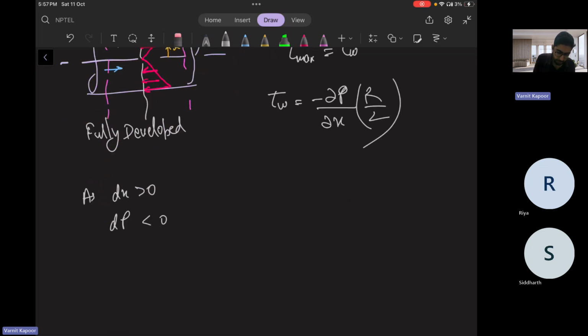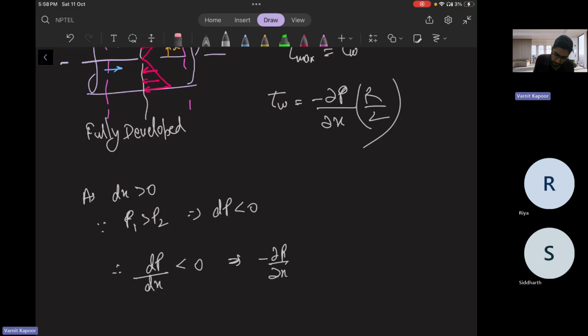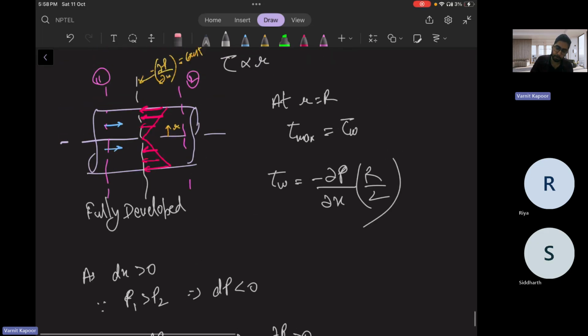Since P1 is greater than P2, this implies my dP is less than 0. Therefore dP by dx is less than 0. So this implies minus dou P by dou X is greater than 0. So this is a positive term, so my shear stress will also be positive. The assumed direction is correct.